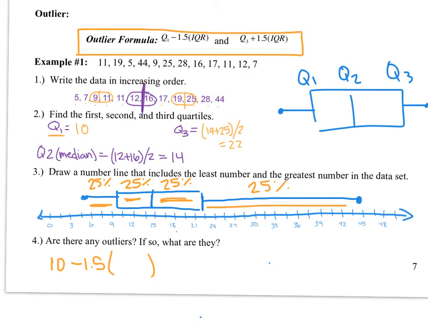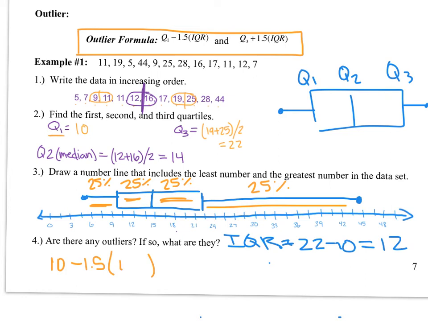Well, we have to find out what our IQR is. And again, IQR is Q3 minus Q1. So IQR equals 22 minus 10, which is 12.